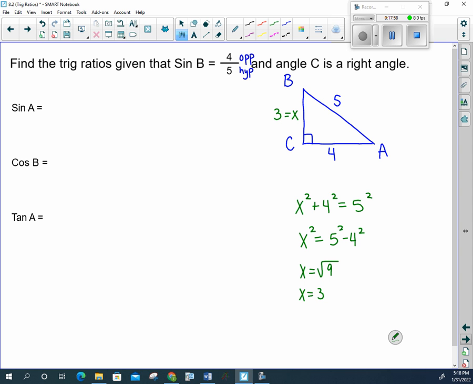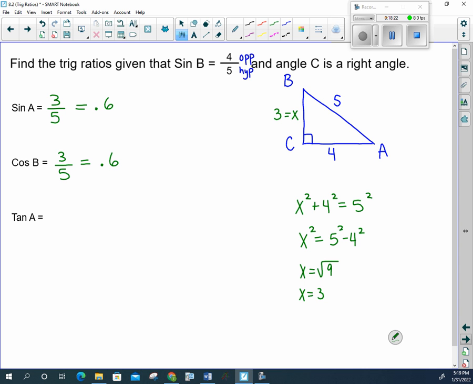Okay, so now we're going to do sine of A. So sine of A is opposite over hypotenuse, so that's 3/5. And once again, you could also write that as a decimal. So 3 divided by 5 is 0.6. Cosine of B is adjacent over hypotenuse, so 3/5, which is also as a decimal, 0.60.